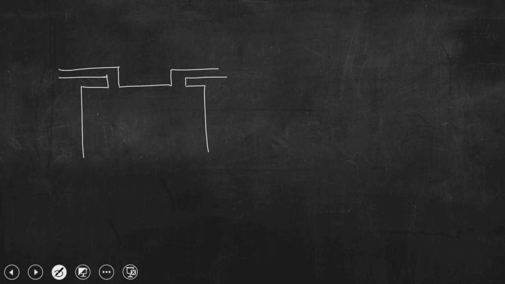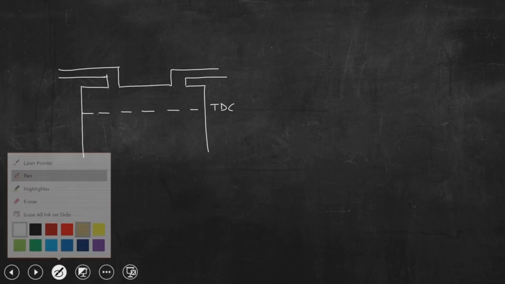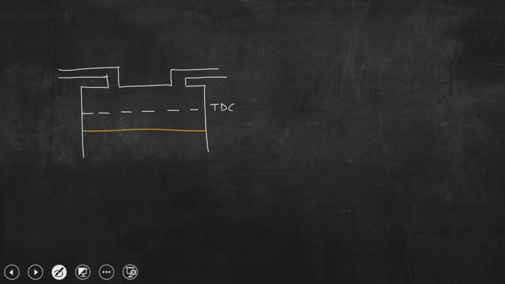So, if we try to draw the schematic of an internal combustion engine, this is top dead center, and this is the piston.